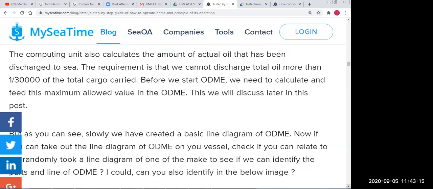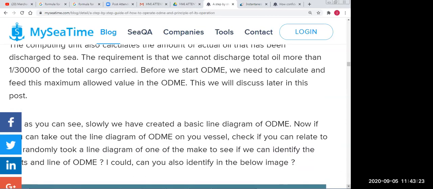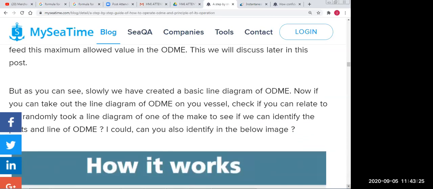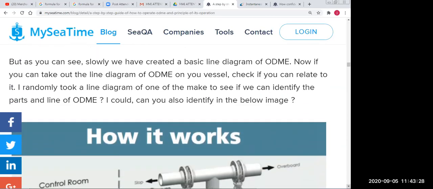Then the computing unit also calculates if it is the second requirement, within 1 by 30,000 of the total amount carried, that we will see how it is calculating. We have to manually feed what is the maximum limit, and it will compare with that.